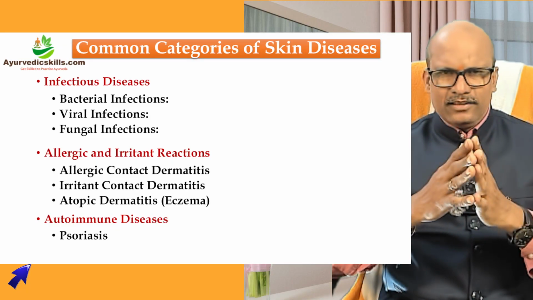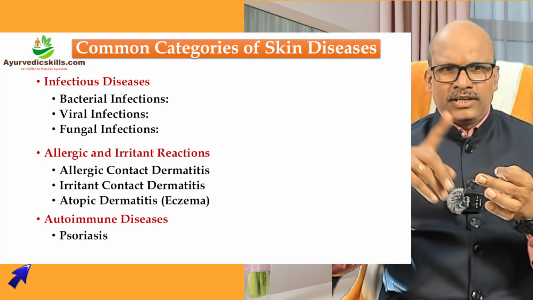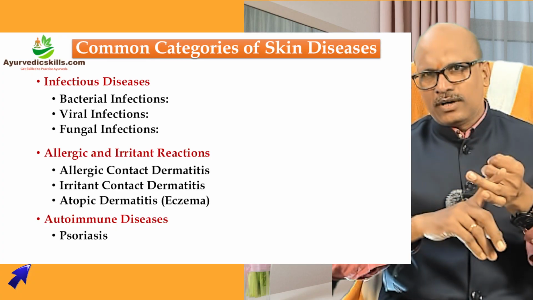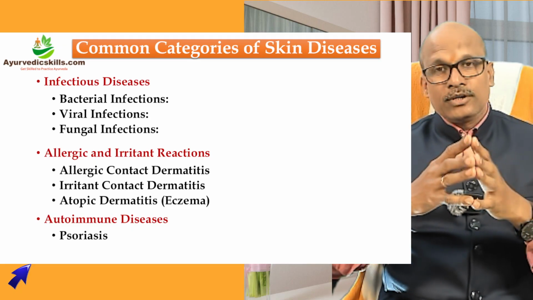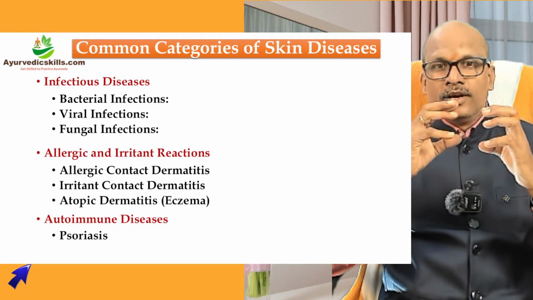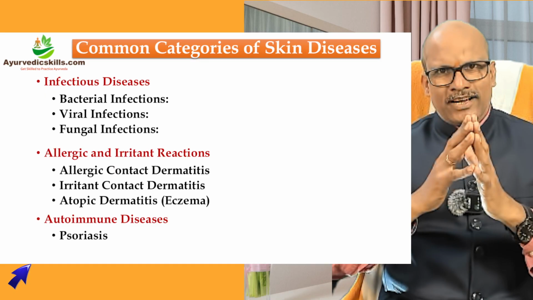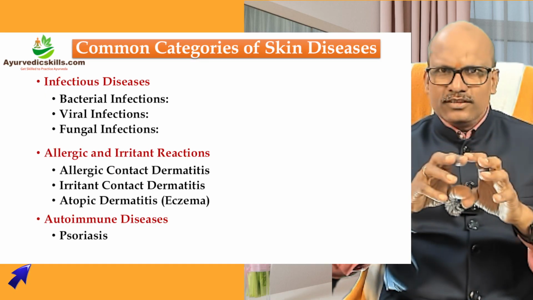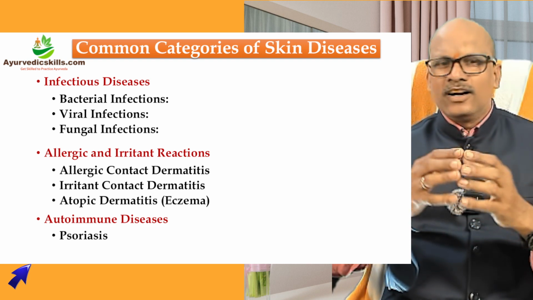Allergic ones are allergic contact dermatitis, irritant contact dermatitis, atopic eczema, and many more. Even irritant contact dermatitis is associated with our immune system only, right? Because of that I have put it under allergic and irritant reaction. Autoimmune skin diseases are many, and one of the major ones is psoriasis, right?